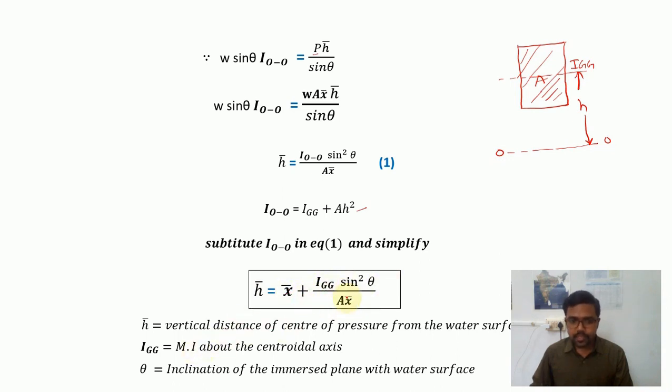Here IgG is the moment of inertia about the centroidal axis. From this equation you can easily say that the center of pressure is greater than x bar, since it is x bar plus some value. So h bar is greater than x bar. Suppose theta is 0, then this term becomes 0, so h bar is x bar only, as for a horizontally immersed object.